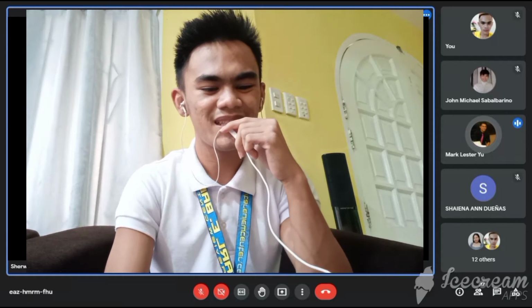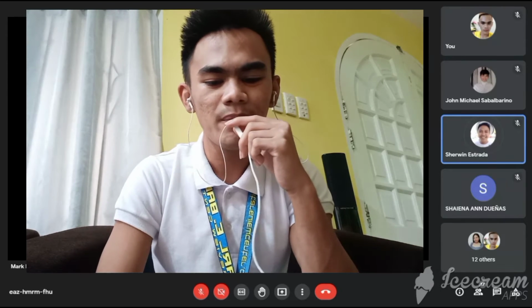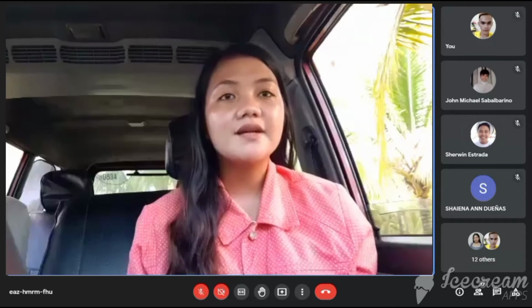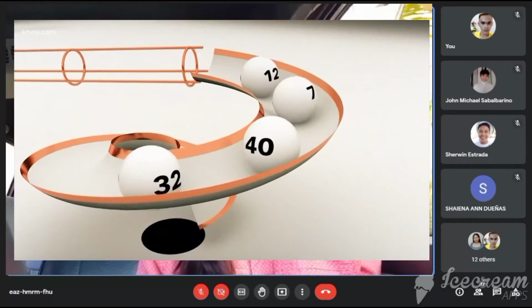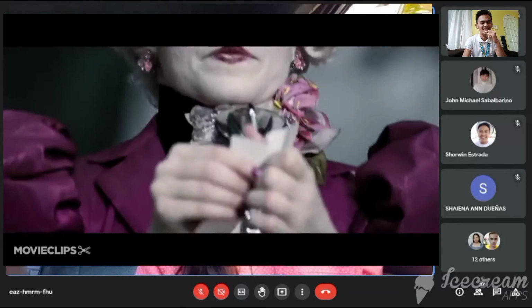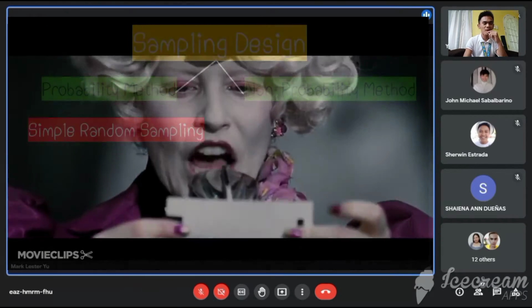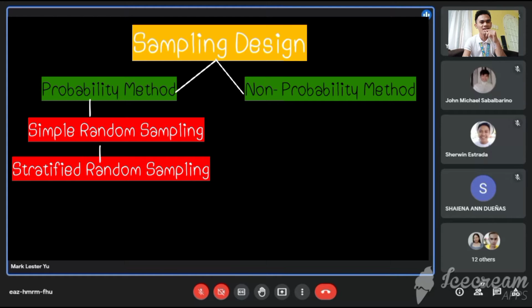What is simple random sampling? Some forms of random selection are the lottery, or the so-called Hunger Games. Excellent. How about stratified random sampling, class?